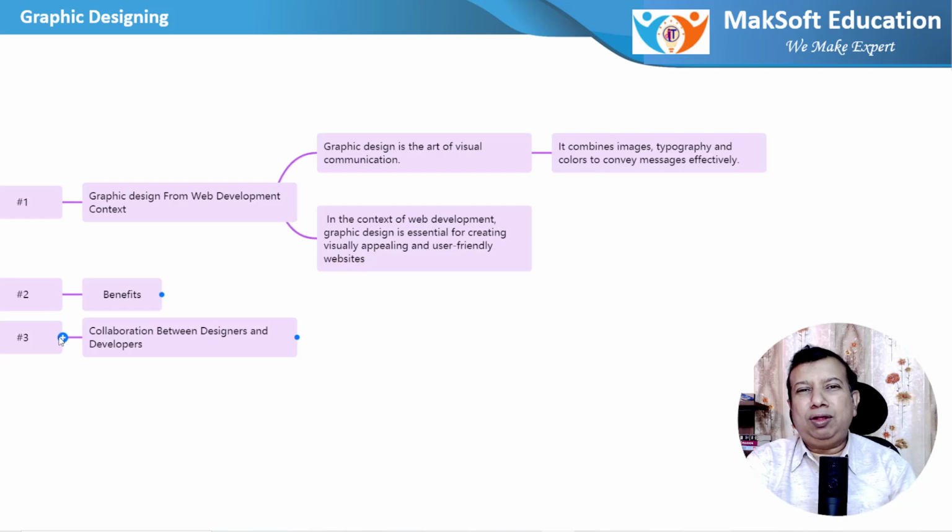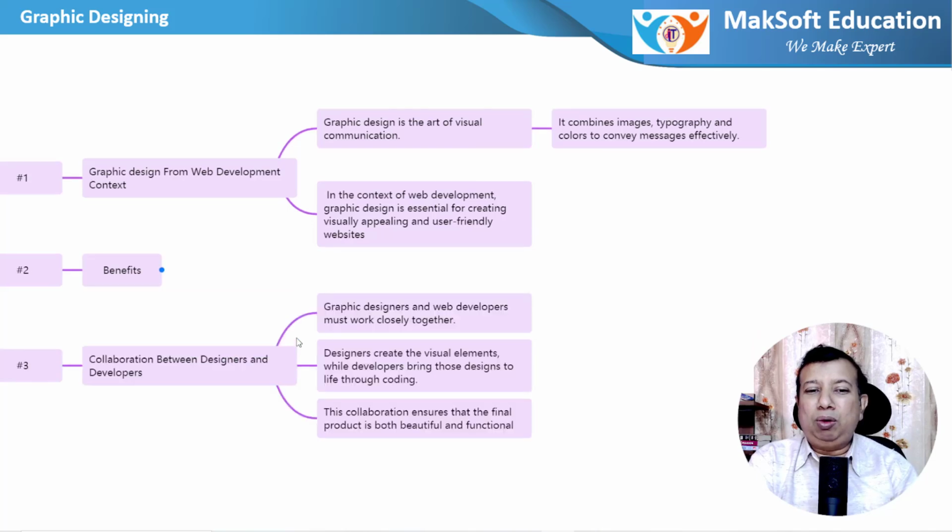When we are talking about graphic designing, it is related to designs, images, the fonts, and how it looks. Whereas when we are talking about development, we are talking about how it is going to work, how it is going to function. So the functioning part is development, where we need to write some code or we need to use some plugins if you are a WordPress user.